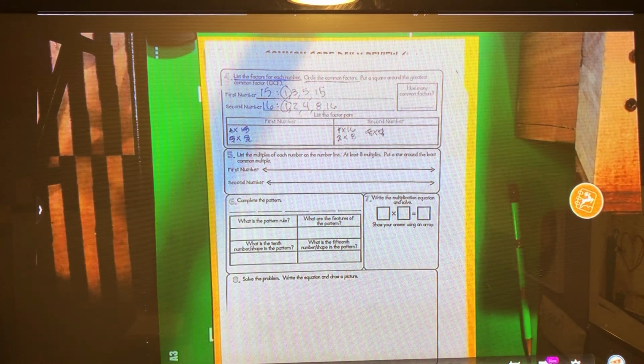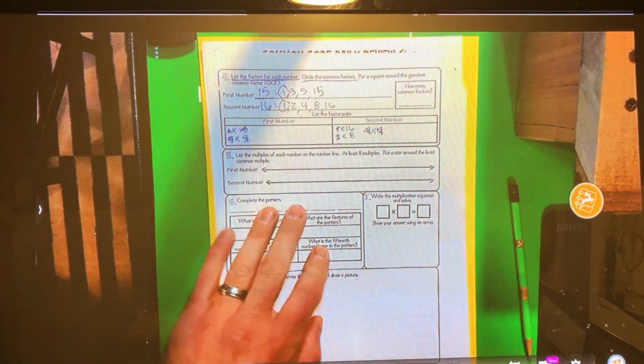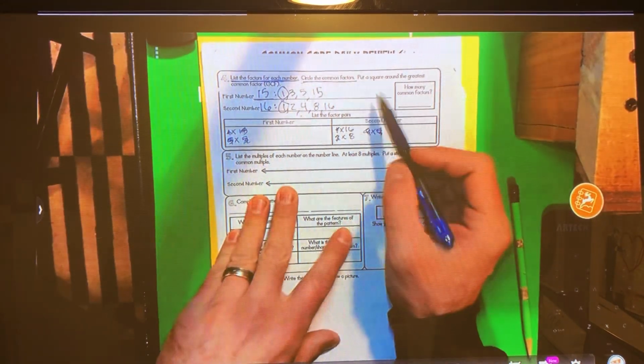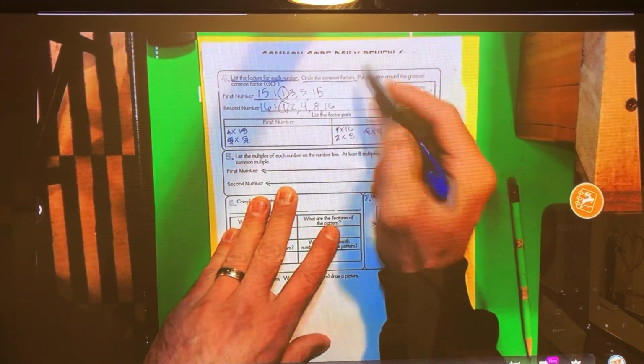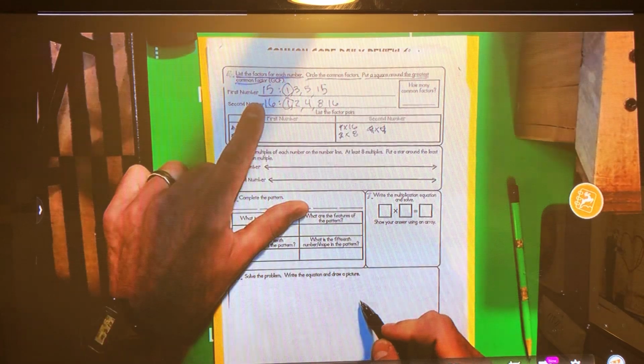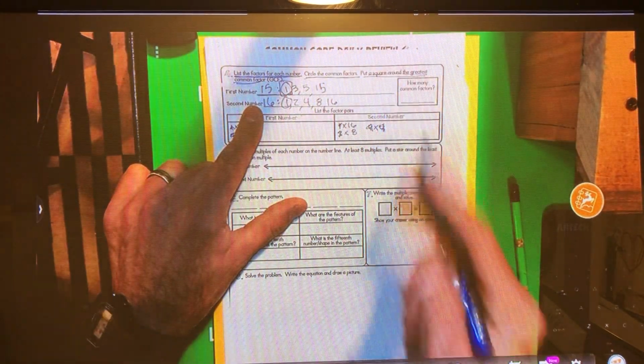Those are the only common factors that we have for the numbers 15 and 16. So now the second direction is put a square around the greatest common factor. Okay. Well, the square is, in fact, is that a square? Yeah, that's a square.